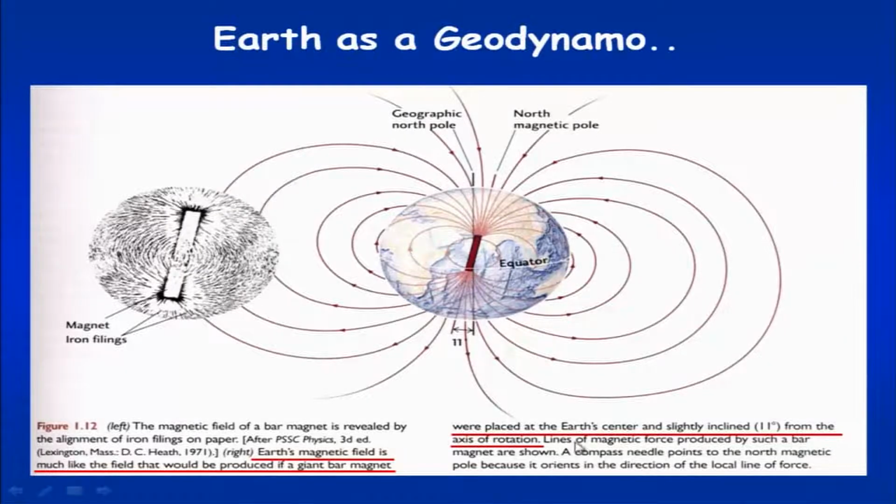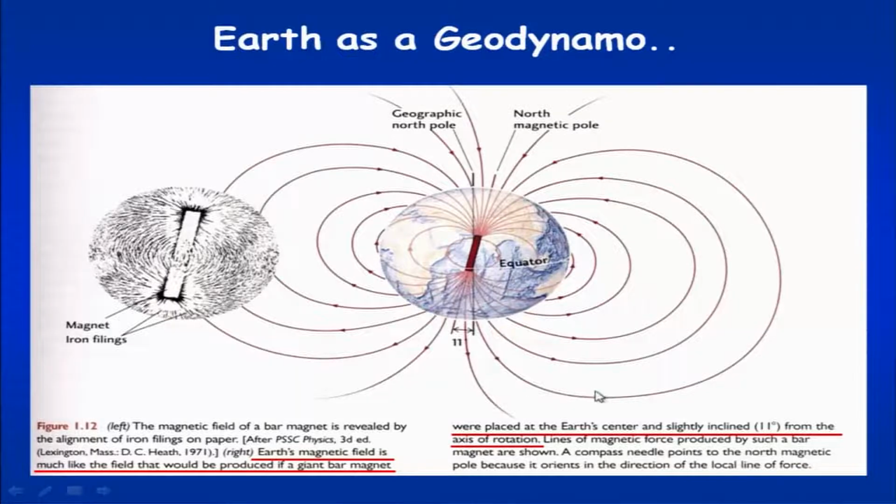So, the lines of magnetic force produced by such a bar magnet are shown here, that it moves from here and gets into this. Okay. So, these are the magnetic forces, and a compass needle points to the north magnetic pole because it orients in the direction of the local lines of force.